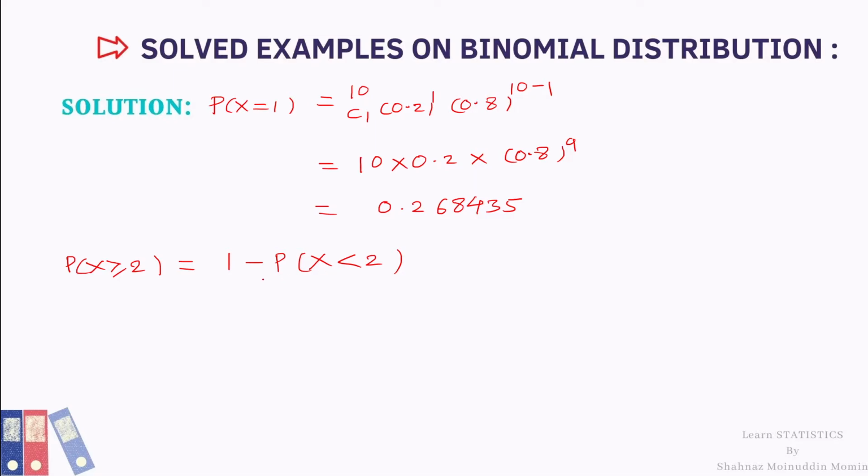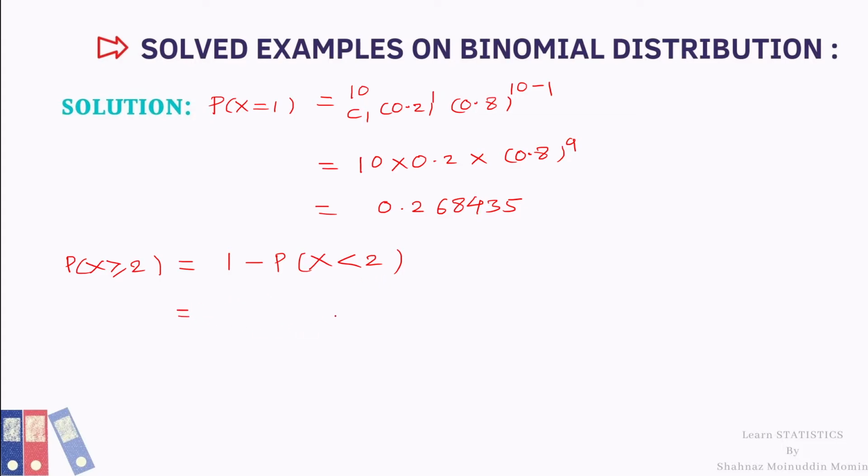Which ones? Since it is 1 minus probability x less than 2, we have to calculate only probability x equal to 0 and 1. Means our efforts are reduced very much.